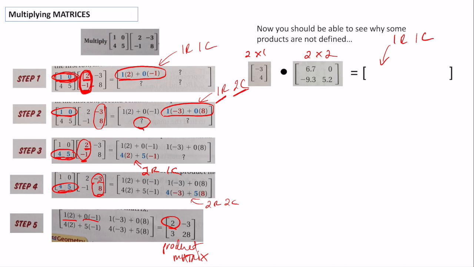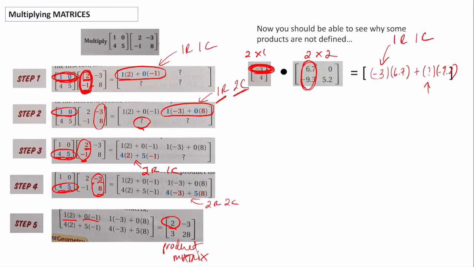So I'm going to go, okay, this is the first row. Notice in my first row there's only one thing, but I need to multiply by this first column, but now there's two things here. So I go, okay, well, I do -3 maybe times the 6.7 maybe, but then I'm going to add to that what? There's nothing else in this row. So what would I multiply by the -9.3?